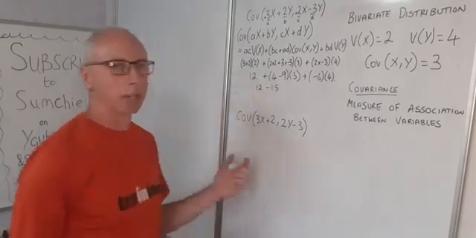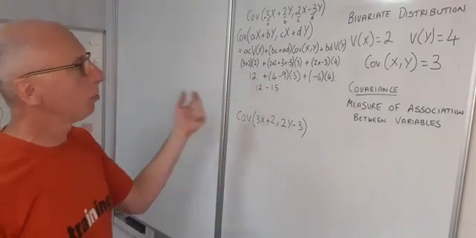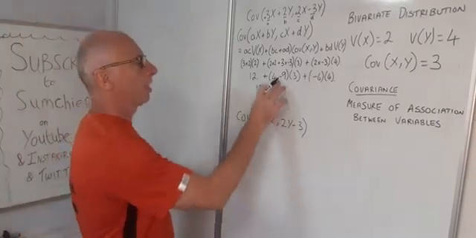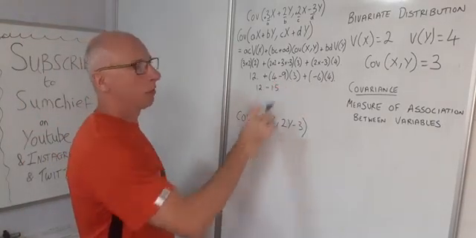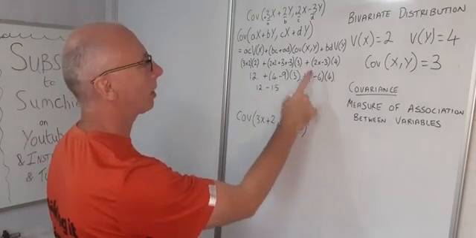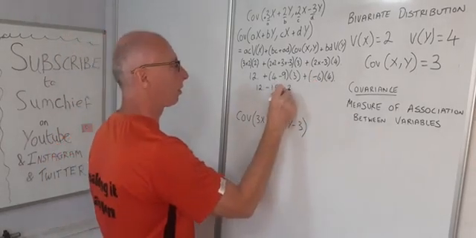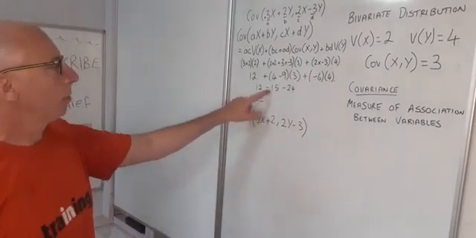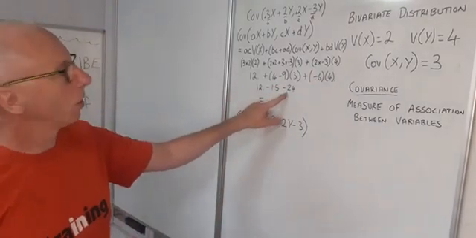If you think I've made a mistake in any of these calculations, put a comment in below and we'll have a check. It's very easy to make simple arithmetic mistakes in this one. 6 fours are 24 and it's a minus, so minus 24. Then that's going to give us 12 minus 15 minus 24.